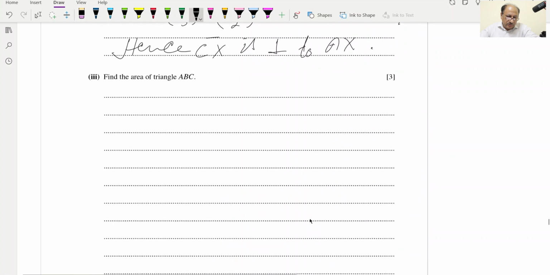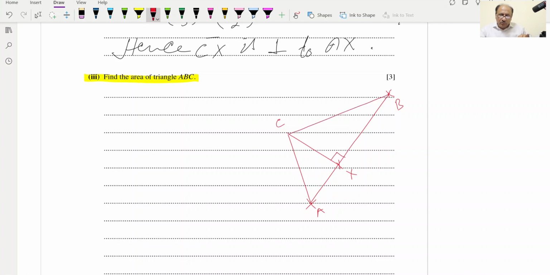Now we can move to part 3 of the question: find the area of the triangle ABC. Now what is the area of triangle ABC? For example, this is A, this is point X, and this is point B, a straight line, and CX is perpendicular like this, and this is point C. The triangle is roughly like this, and this is the perpendicular we have shown.